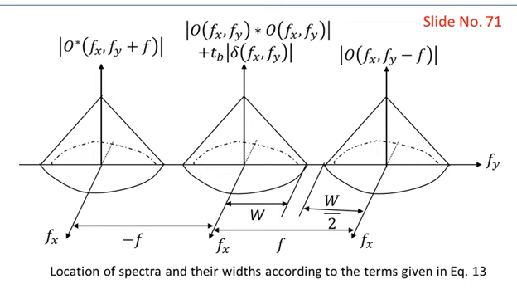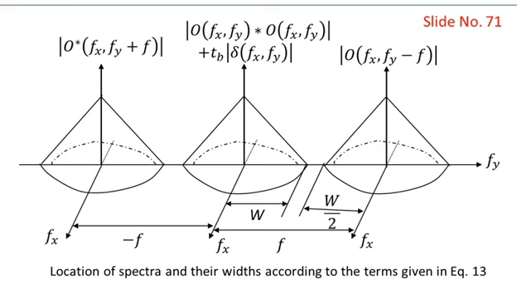Okay, and we want them to be separated. So it means that if f is smaller, then there will be an overlapping between the terms. The central terms remain unchanged because their location is fixed at fy is equal to 0.